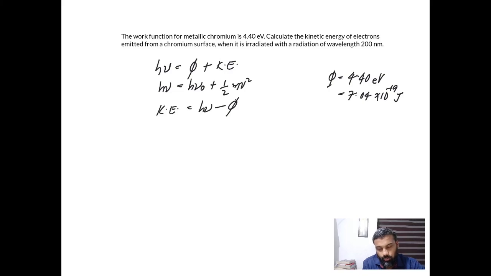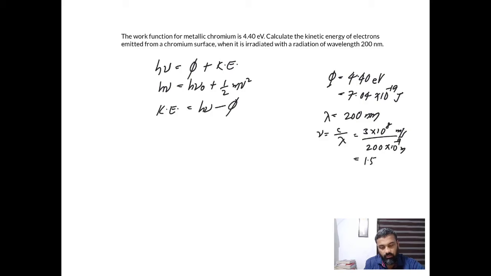Okay, and the wavelength of radiation used is equal to 200 nanometer. From that we can calculate the frequency of the radiation. So nu is equal to c by lambda, where c is the velocity of light. So that is 3 into 10 raised to 8 meter per second, and the wavelength is 200 nanometer, so that can be converted into meters, 2 into 10 raised to minus 7 meters.